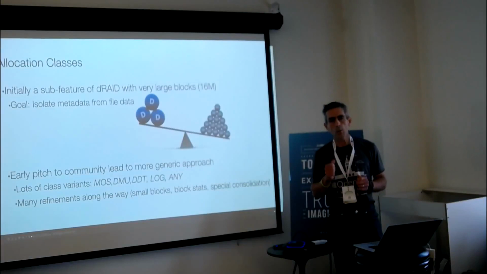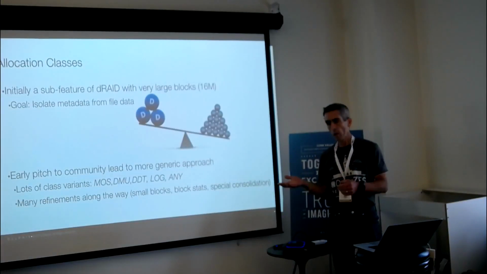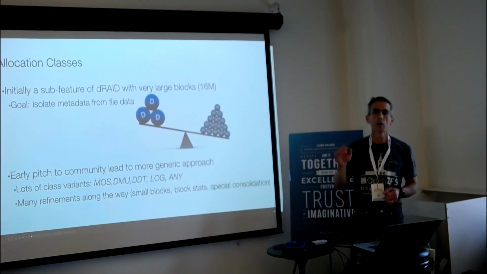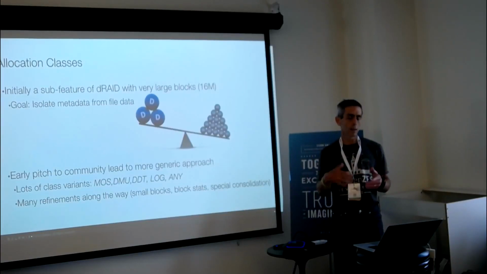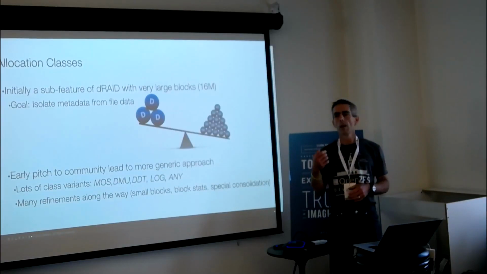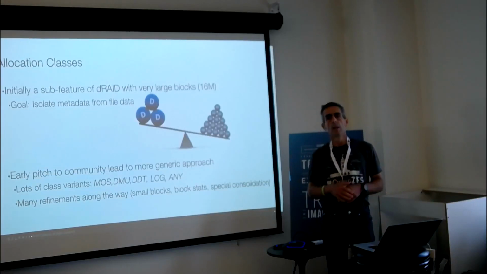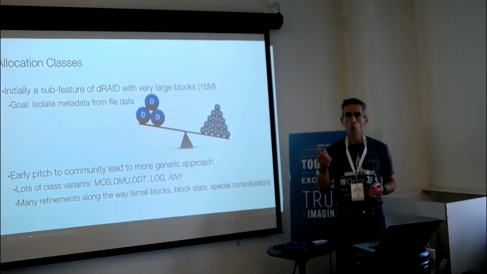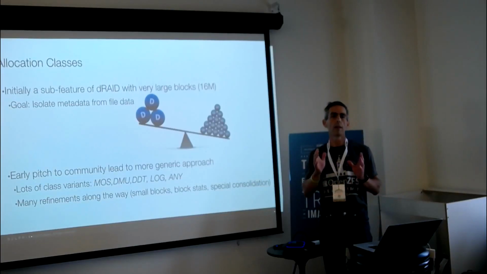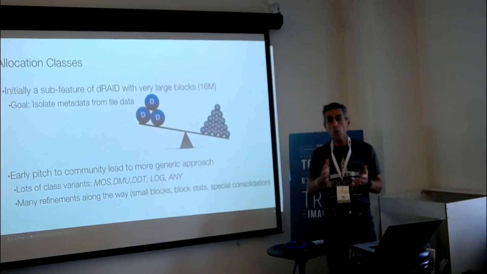So this initially was a sub-feature of DRAID, the previous talk. So we had DRAID, we had 16 meg blocks. This was at Intel for an Aurora supercomputer. And we were anticipating having a workload such that we'd have these checkpoints coming in 16 megabyte streams.